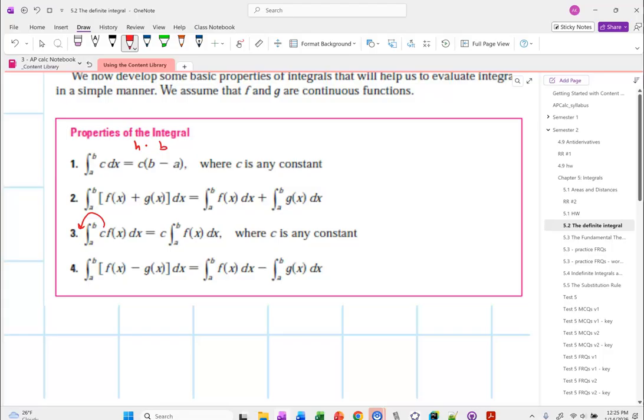Because you can do the same thing with a limit. It's still a limit property and it trickles down to integration and differentiation. Okay? And then property 4 is just the same thing as property 3, it's just with subtraction. Who's surprised? Nobody should be, right? It's like if it worked for addition, I'd be really mad if it didn't work for subtraction.